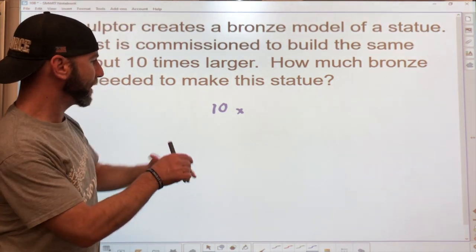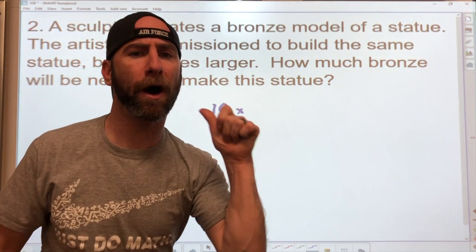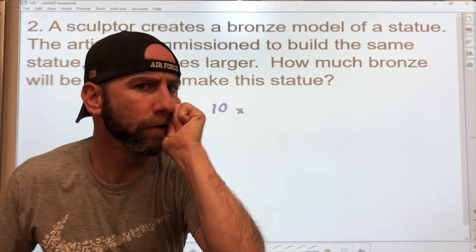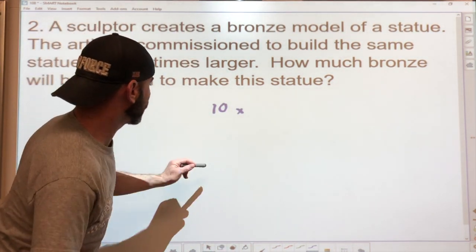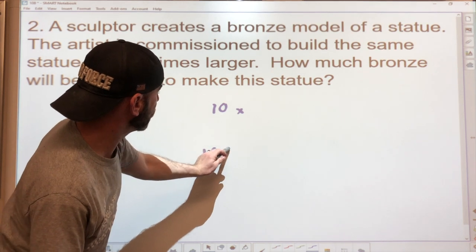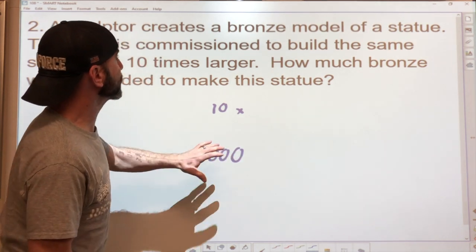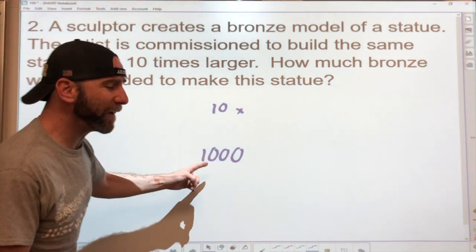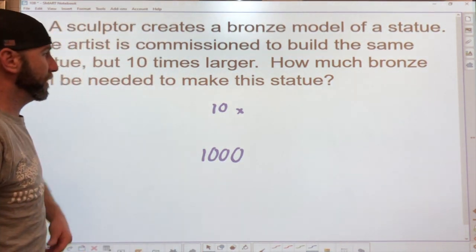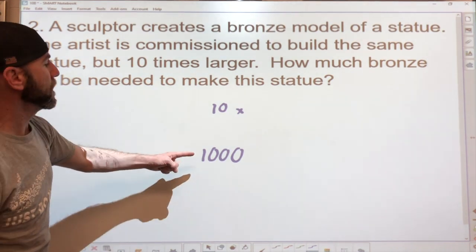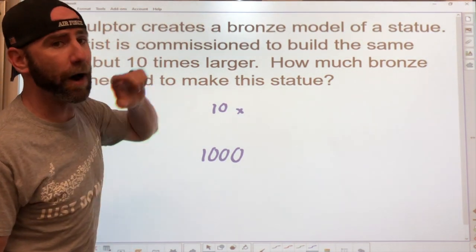So we're going to take the scale factor and raise it to the power of 3. So 10 to the power of 3 is 1,000. And therefore the sculptor is going to need 1,000 times as much bronze to make the new statue as he used for the model statue.